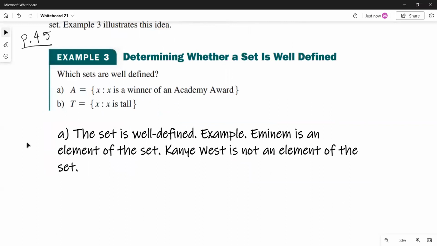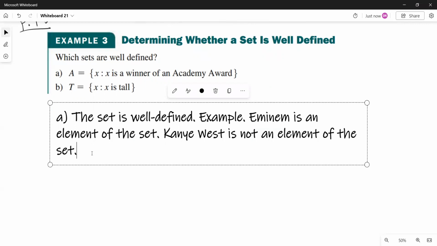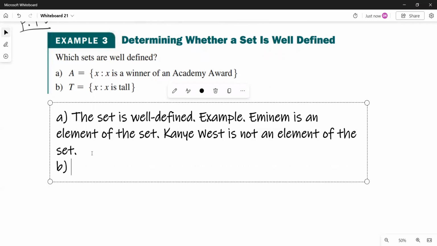Now, in B, the set T is the set of all x such that x is tall. Now, that one is not well defined. The set T is not well defined. The problem is that we don't know what they mean by tall person. Is it somebody 6 feet or taller, or 6'2" or taller?